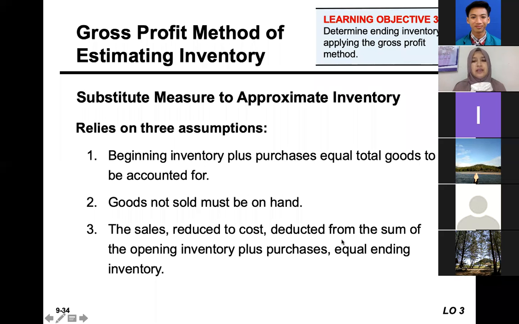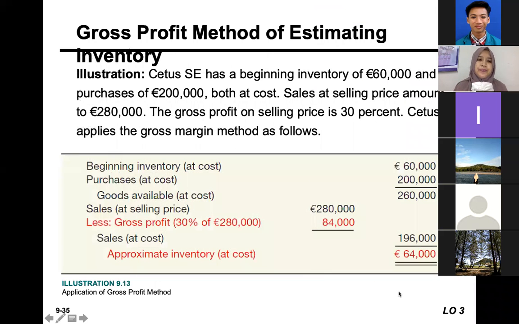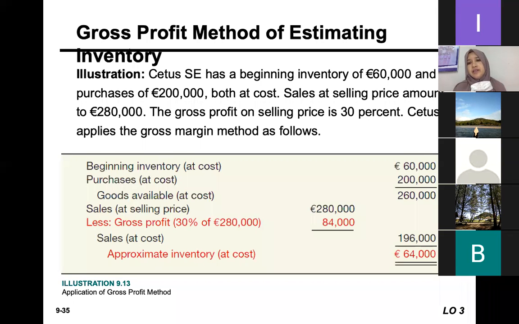Let's see the example. Let's say this company has a beginning inventory of 60,000, purchases of 200,000, both at cost, and sales at selling price of 280,000. We don't have the information on the ending inventory, but the gross profit on selling price is 30%.